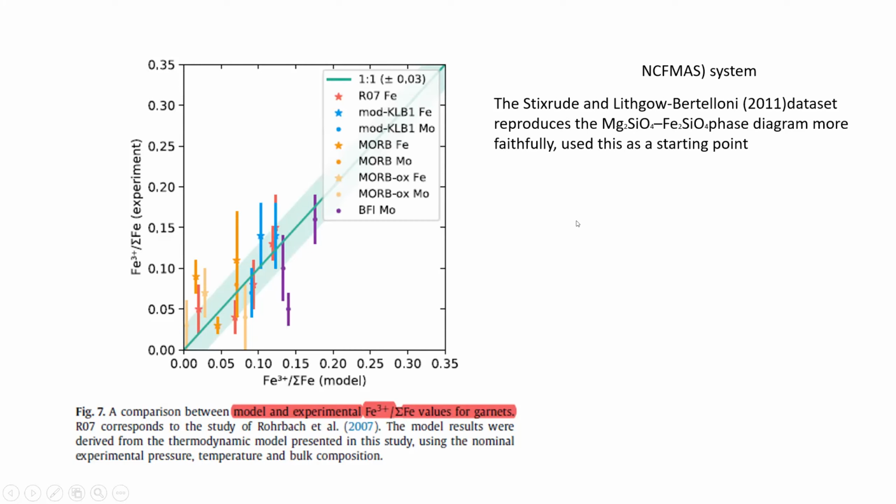After running this thermodynamic model, they found that the experimental and model results of Fe3+/total Fe give a considerably good fit, because they considered very few parameters. So even with so little constraint, the result is good. Maybe if more experiments are done, there is a high chance it will give a better result.